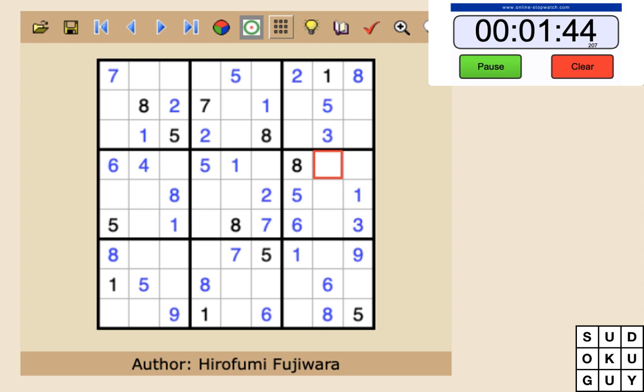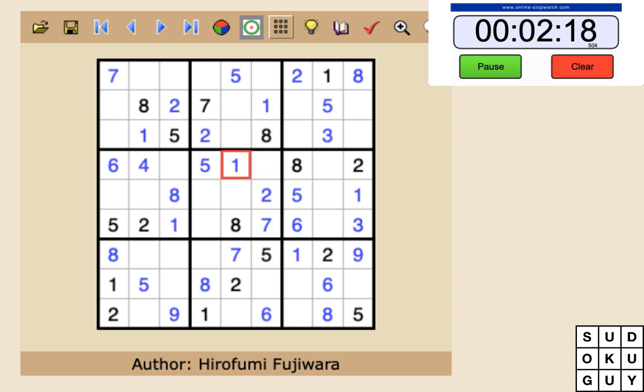Okay, 2, 4, 7, 9 in this box. Can I not even do 7s? Or 2s maybe? I guess not. Oh no, this has to be a 2. Only place a 2 can go in that box. That should tell me some things. Yeah, that tells me all the 2s. Okay, great.